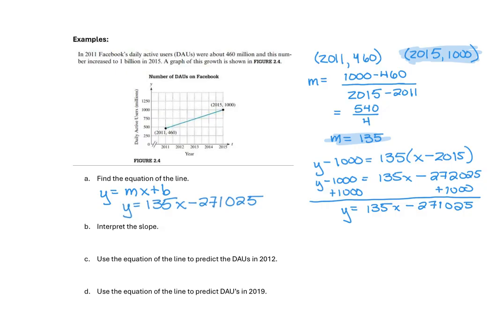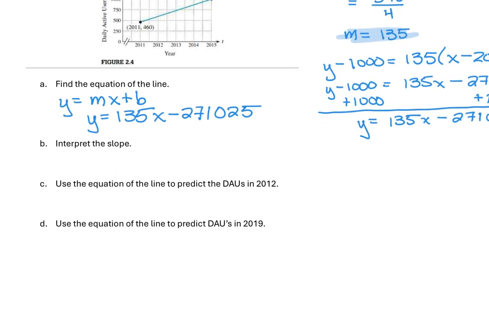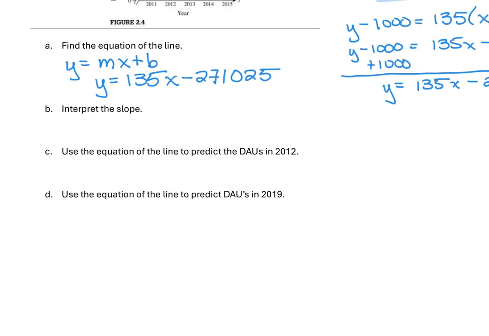Okay, from here we want to interpret the slope. So our slope is 135, and we want to talk about what this means in the context of the problem. Remember that for slope we want increasing or decreasing. Is this increasing or decreasing? It is increasing. Well, what is increasing?